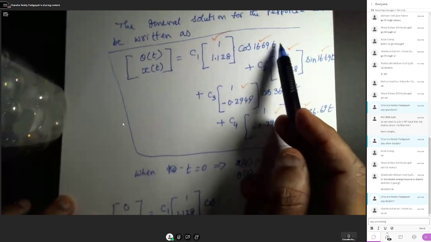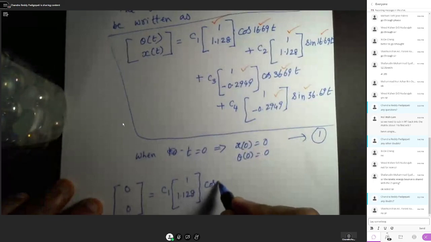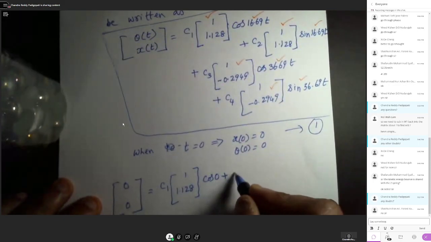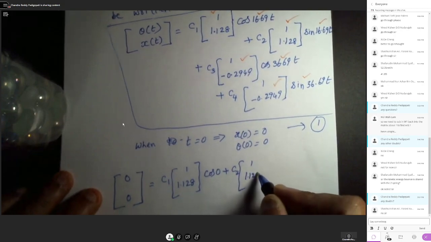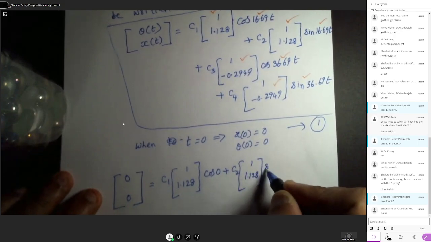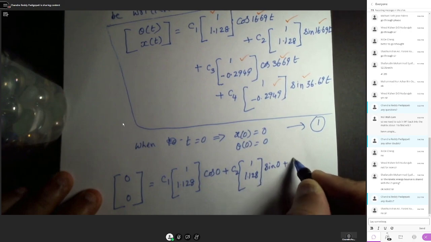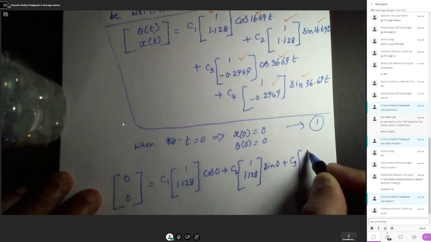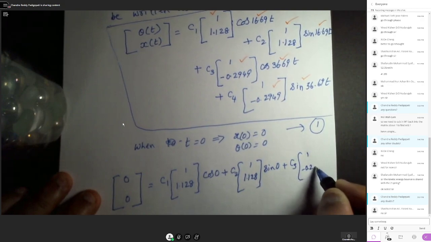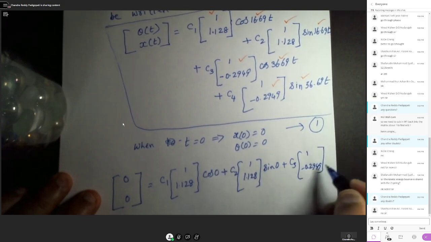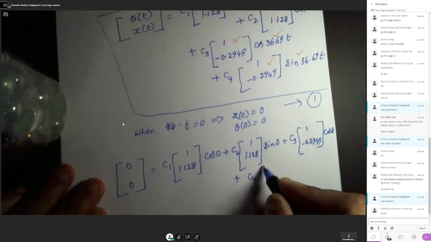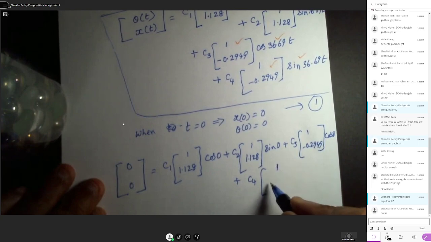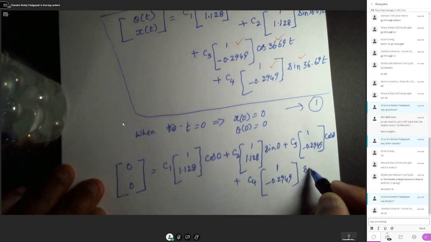Because I'm replacing t with 0, I get cos 0. Plus C2 1.128 sine 0, plus C3 negative 0.2949 cos 0, then plus C4 negative 0.2949 sine 0.